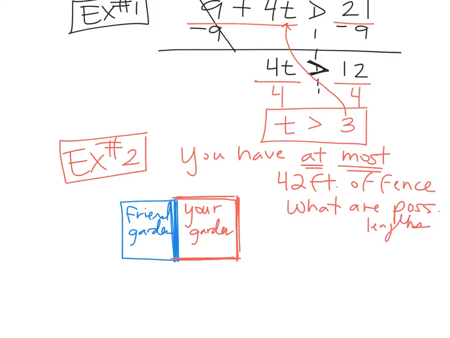Okay, and here's what we know. Your friend's garden here, this side, is 12 feet. Okay, so the one side we already have is 12 feet. We want to know, what could the lengths be? Okay. Well, if your friend's garden over here has to be 12 feet, then this opposite side will also be 12 feet, right?